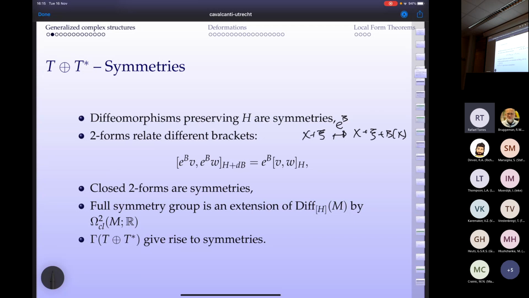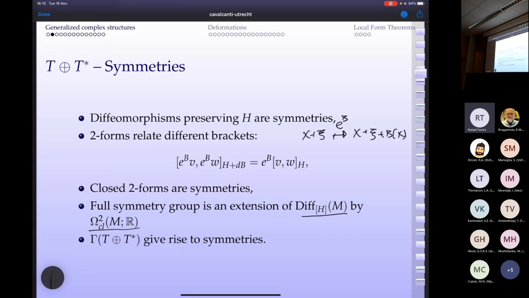So what you see is that if B was closed, then it would not have changed H at all. So closed forms are symmetries. But also, if you have a diffeomorphism that changes H within its cohomology class, then you can fix that by using a B. So the full symmetry is an extension of the diffeomorphisms that preserve the cohomology class of H by the closed two-forms. And in particular, if you look at, say, the connected component of the identity, it's always identity on cohomology.